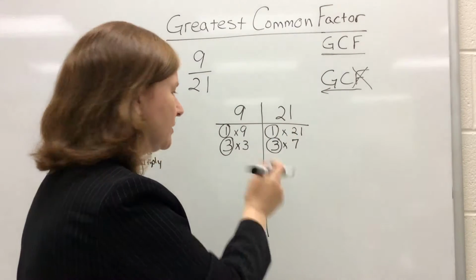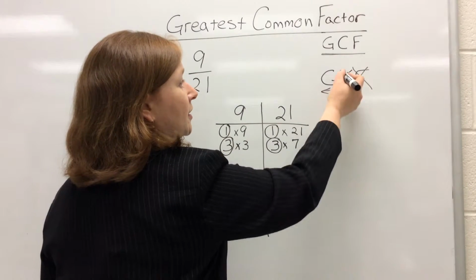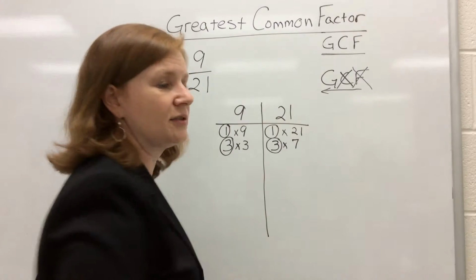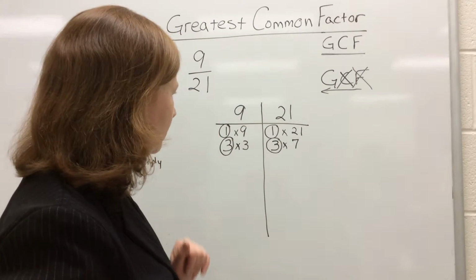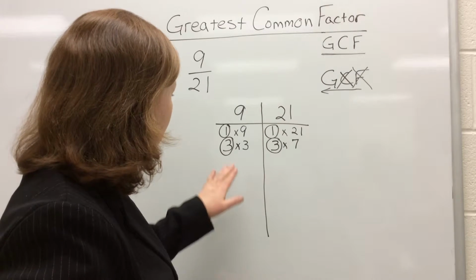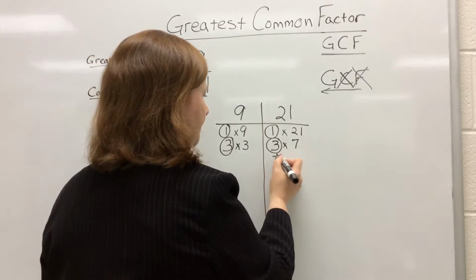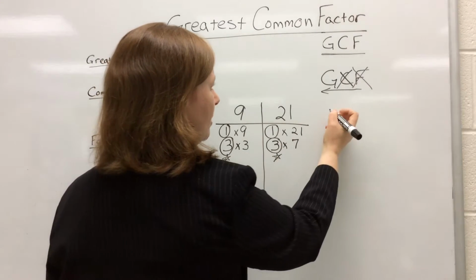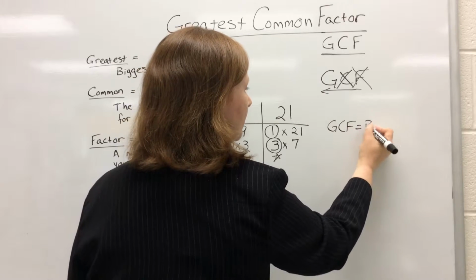And 21 is not the same for both. So those are my only common factors. I'm done with common. Now I'm going to move to greatest. Greatest means I just need to find the biggest one. 1 and 3 are my only common factors, and the biggest one is 3. So 3 is my greatest common factor. Greatest common factor equals 3.